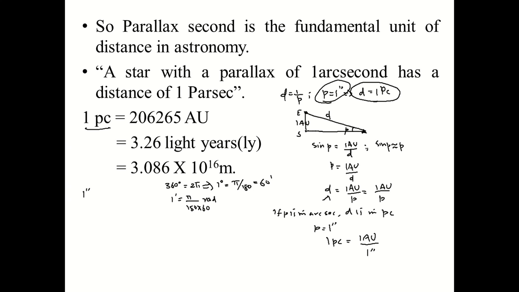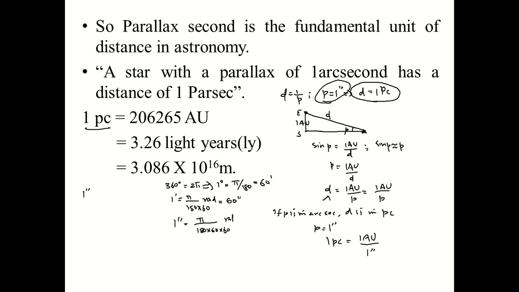So 1 minute is 60 seconds. So 1 second will be pi divided by 180 into 60 into 60 radians.